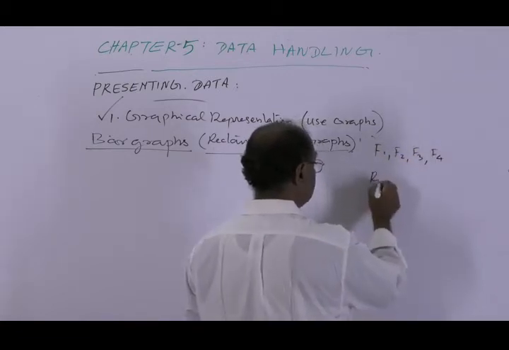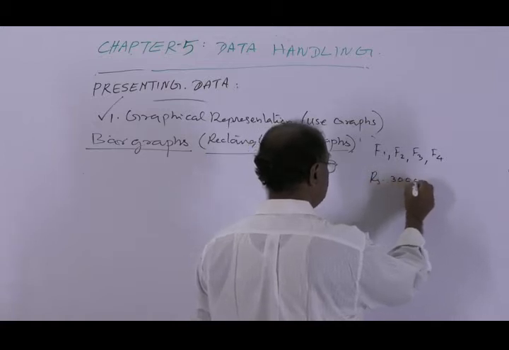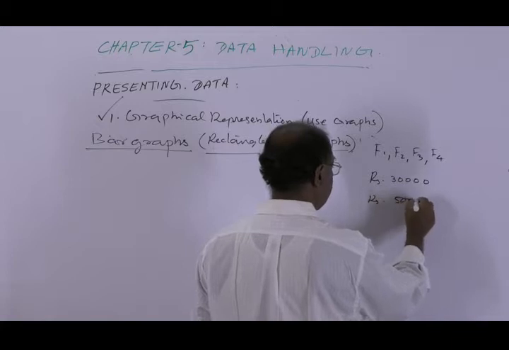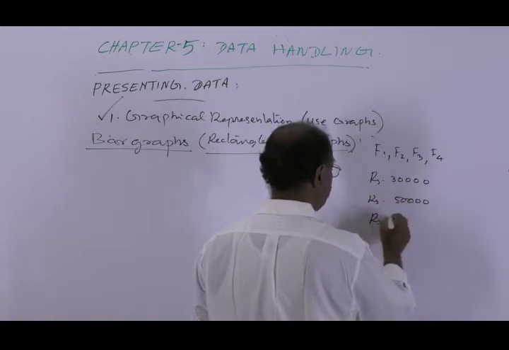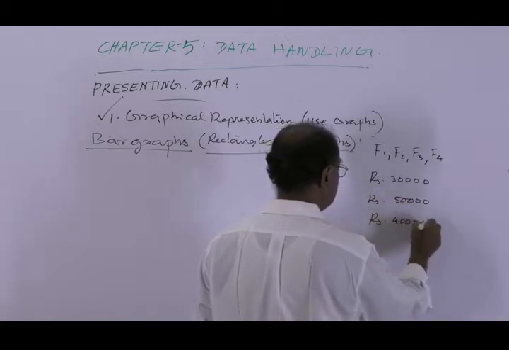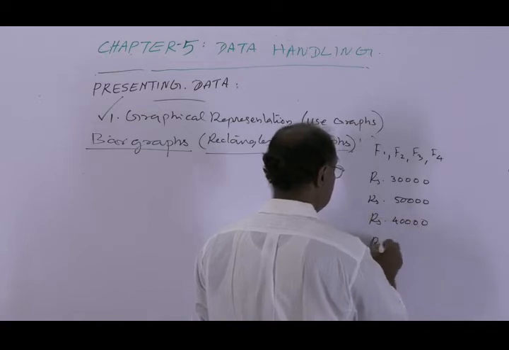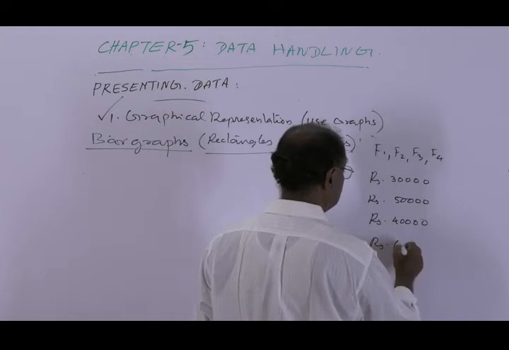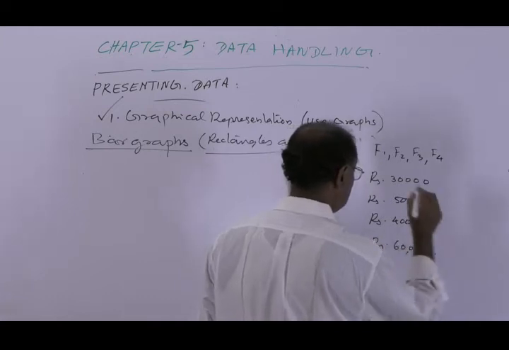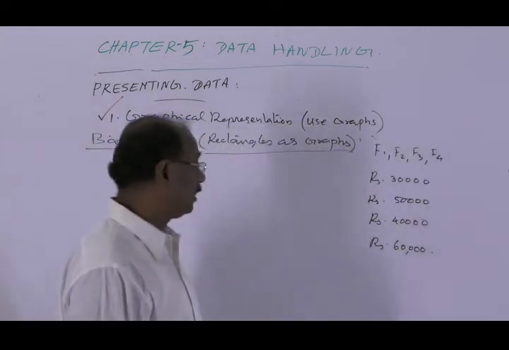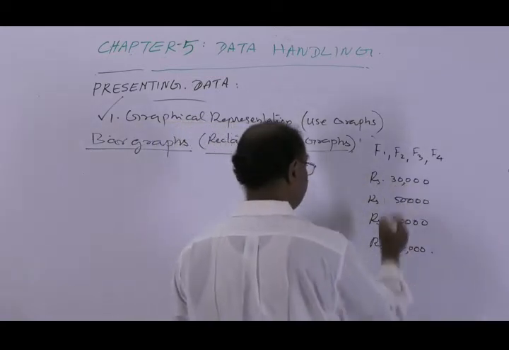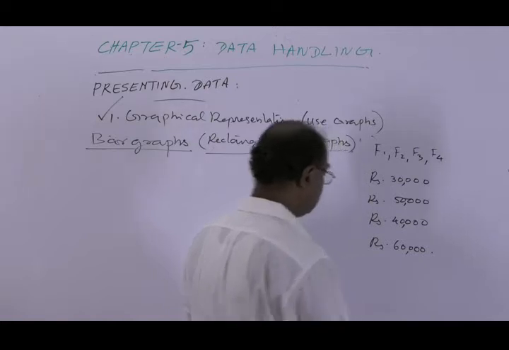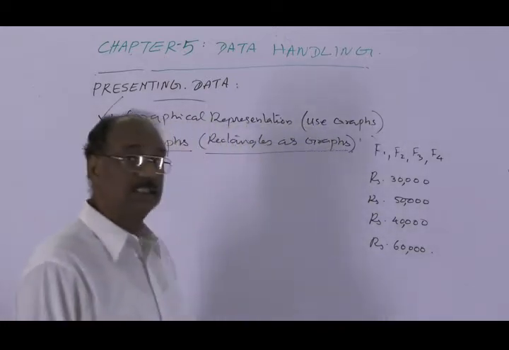The annual incomes are rupees 30,000, 50,000, 40,000 and 60,000. So, income 30,000 for F1, 50,000 for F2, 40,000 for F3, and 60,000 for F4.